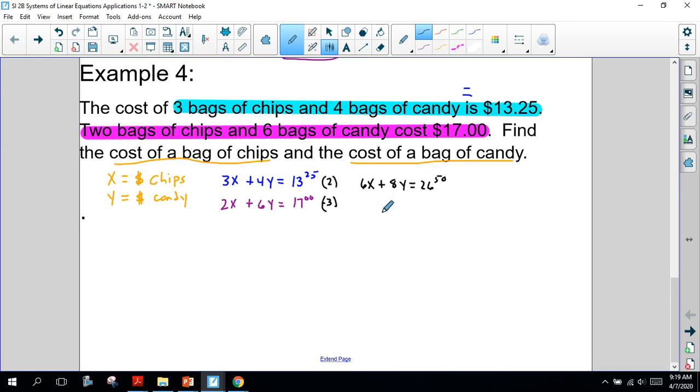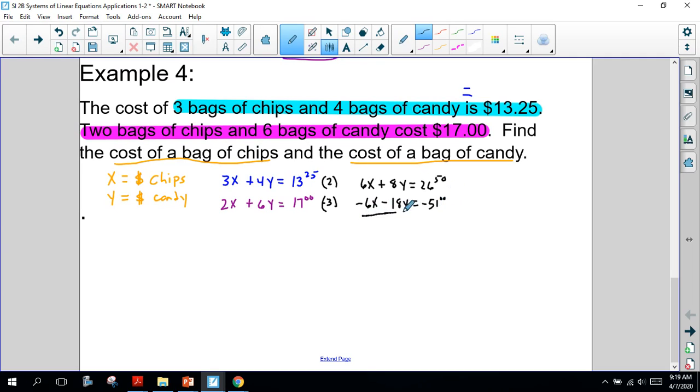Multiplying through the second equation by -3, I'm going to have a -6x, which is great because this gives me a variable with the same number and different signs. -3 times 6y is -18y, and that's equal to -3 times 17, and that gives me a negative 51.